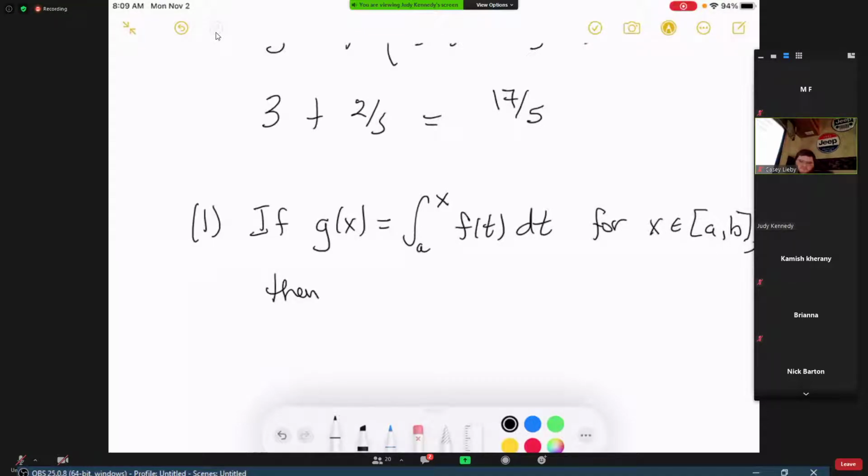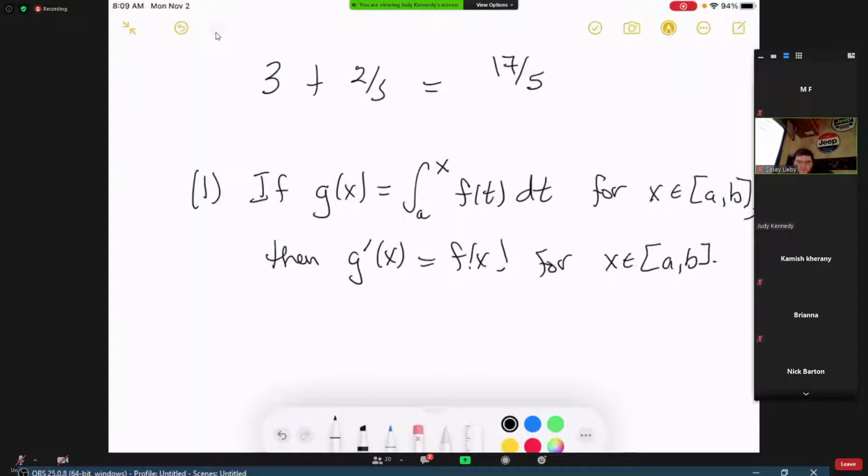Then g prime of x is equal to f of x for any x in that interval. All right. Well, this is a new way of defining a function.